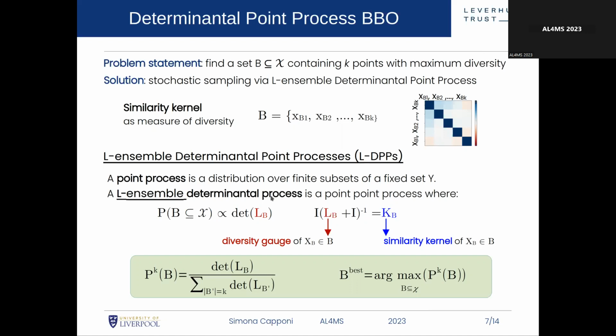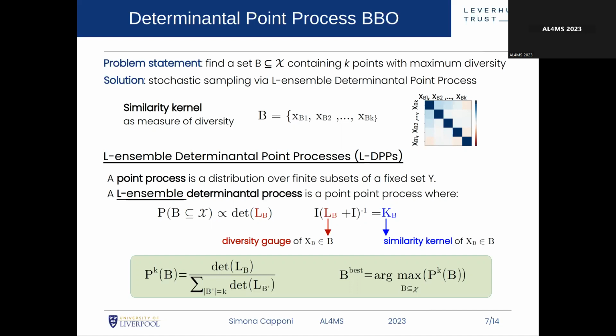of sampling, of producing exactly one batch B is proportional to the determinant of the so-called diversity gauge, which is a quantity which is defined by this equation here, which is related to the similarity kernel. So it's quite convenient already that this distribution is related to similarity between molecules.